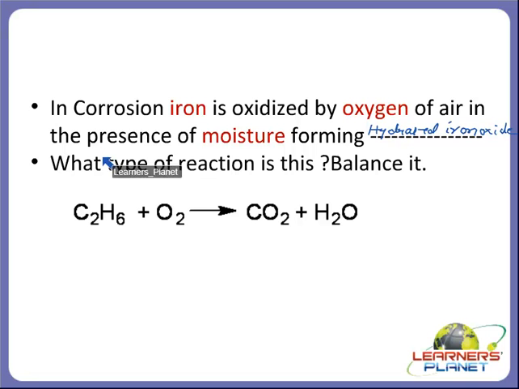So now taking up the next question, what type of reaction is this? Balance it. What is happening? C2H6 is what, children? It is ethane. It is an organic compound, right? Now this is burnt in oxygen and is giving carbon dioxide and water.